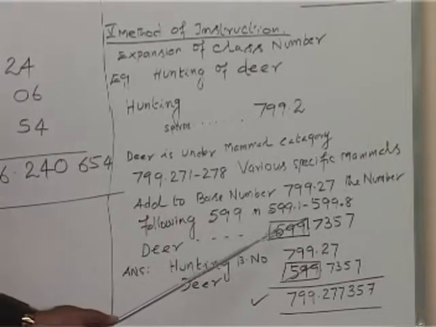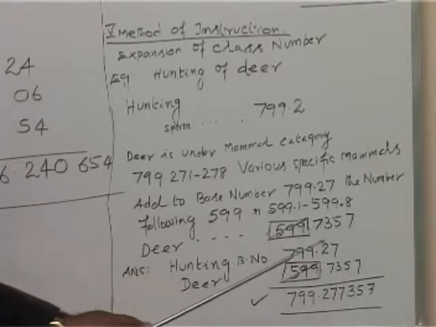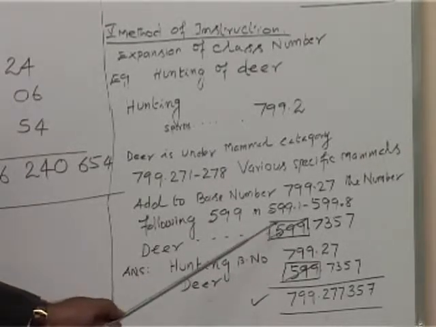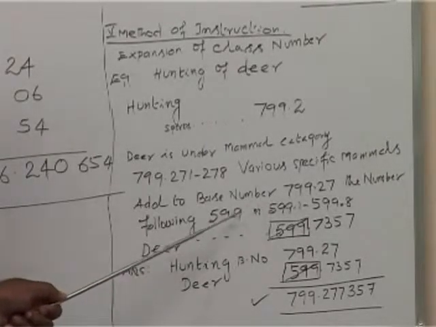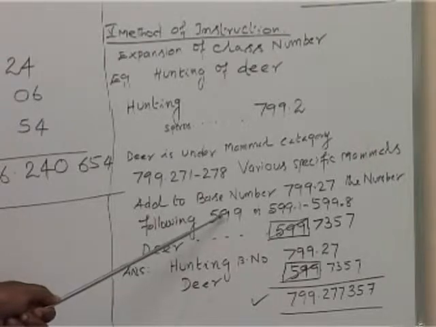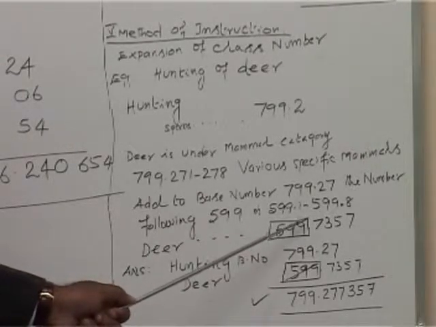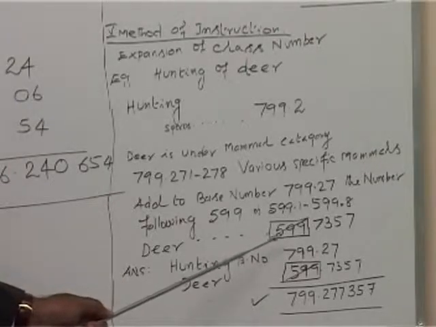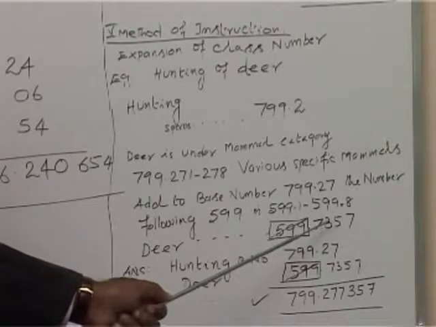Yes, deer is available in 599.7357. Do you find? Deer, 599.7357. Now this instruction is pending: the number following 599. That means whatever number you take, from that number you should cut down 599, because it is the number following 599. So you have to take only 7357.